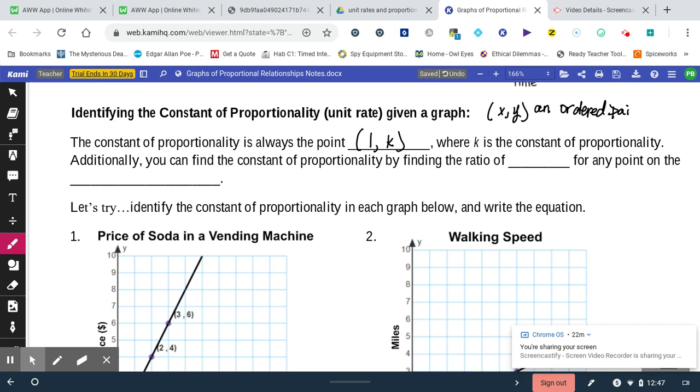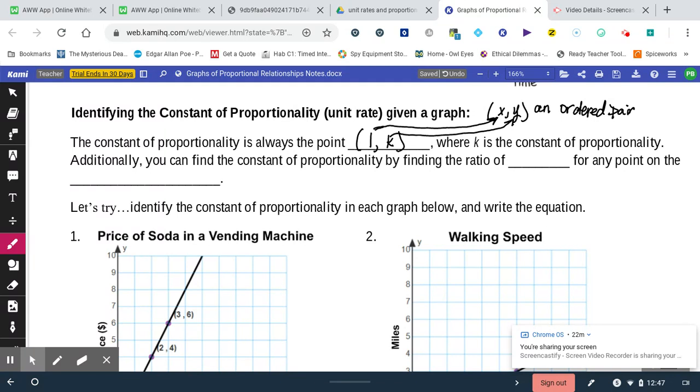Okay, all right, so let's do it this way. This 1 has to be an x coordinate. So if you have an x coordinate of 1, then your k, or your constant of proportionality, is whatever your y variable is.